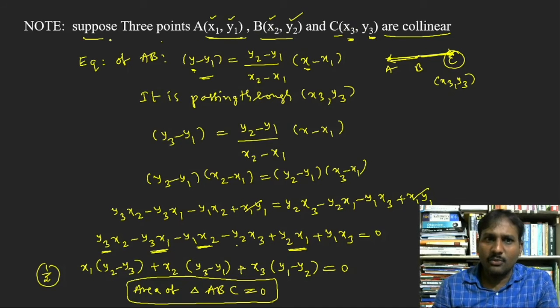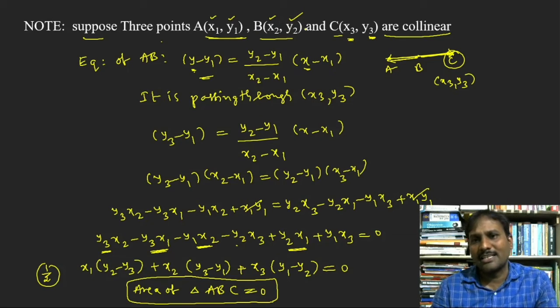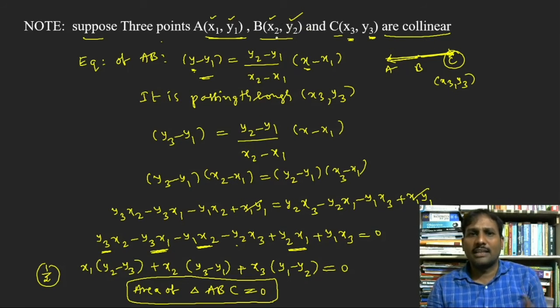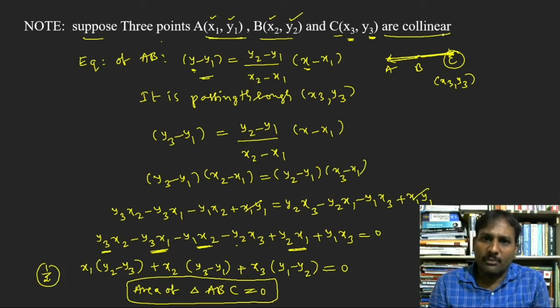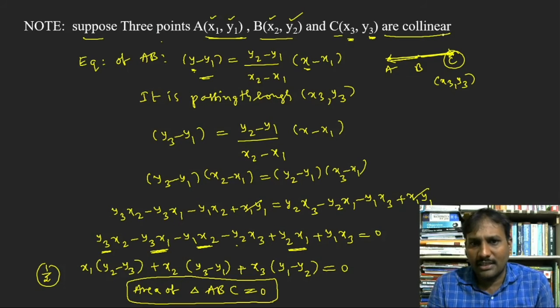So if the area of a triangle formed by the vertices is equal to 0, then those 3 vertices are collinear. So in order to prove that the given points are collinear, if we prove that the area formed by those 3 points is equal to 0, then it will be sufficient.